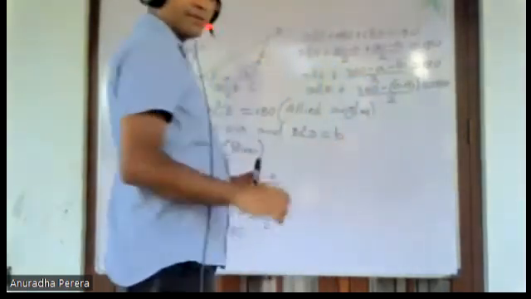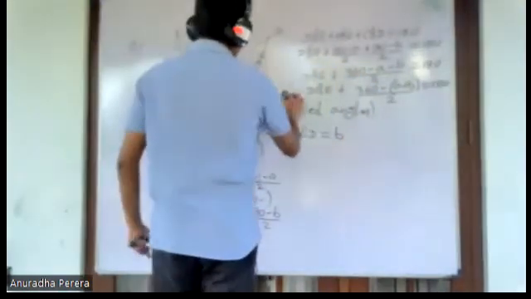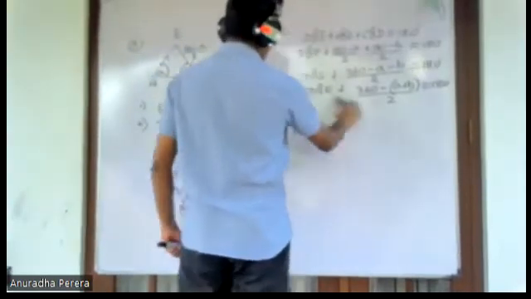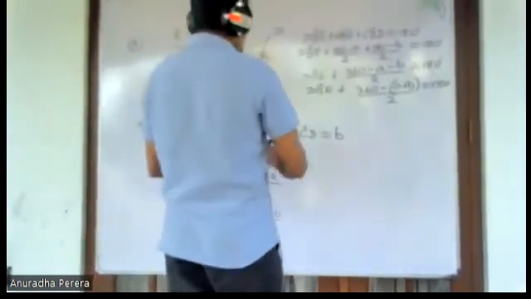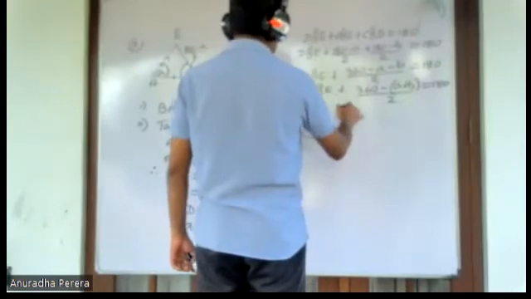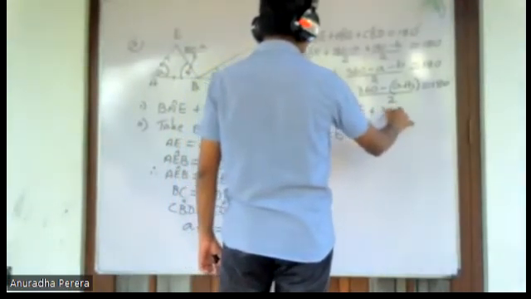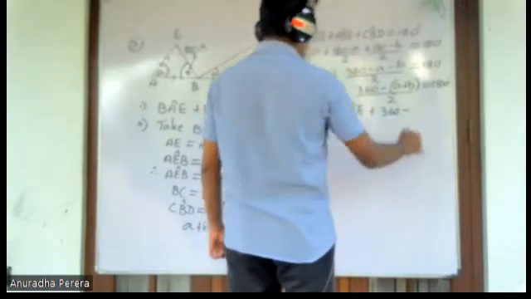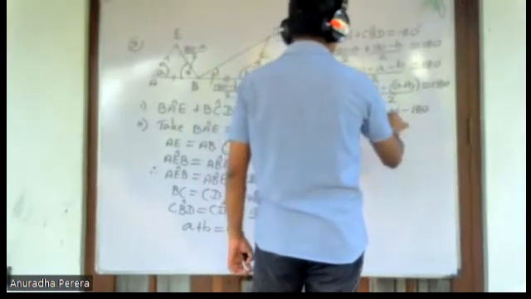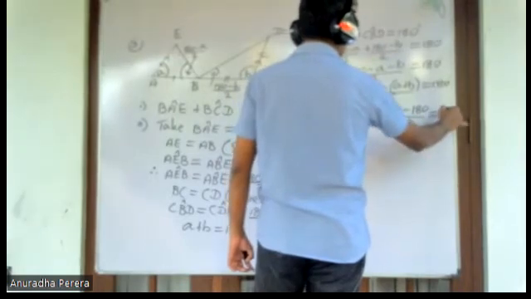Now substitute this value of A plus B, which we found as 180. DBE plus 360 minus 180 over 2 equals 180.